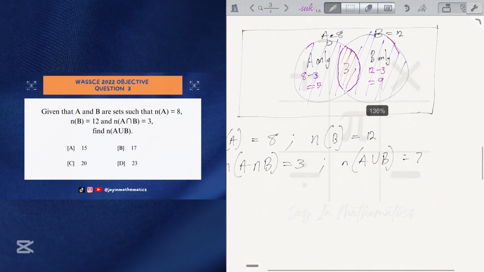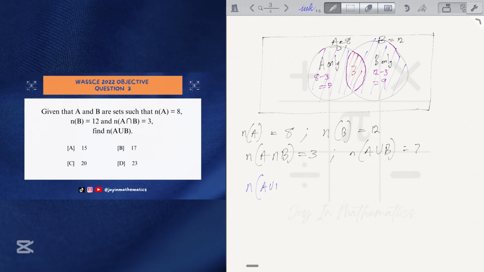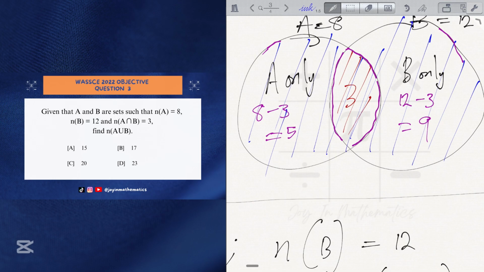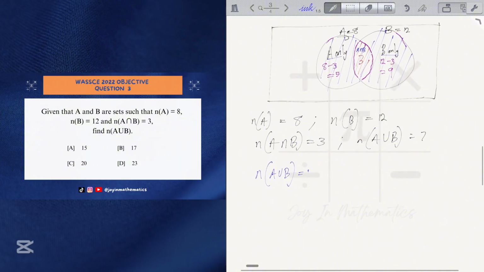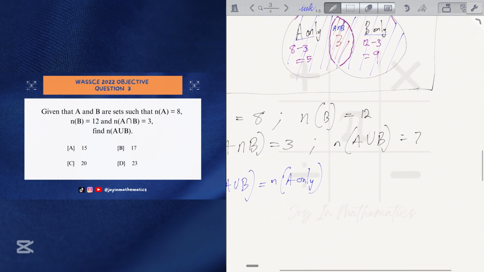So to get the cardinality of A union B, remember I'm using blue to depict that we are considering A only, the intersection of A and B, and also B only. So the cardinality of A union B will be equal to the cardinality of A only, plus the cardinality of A intersection B, plus the cardinality of B only.